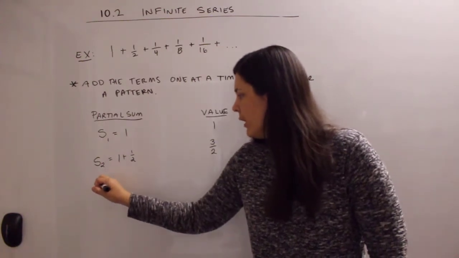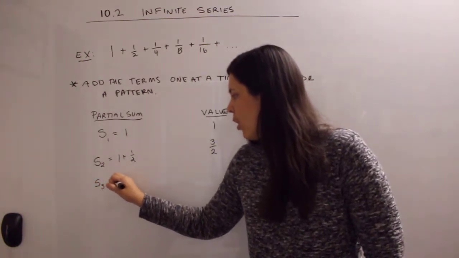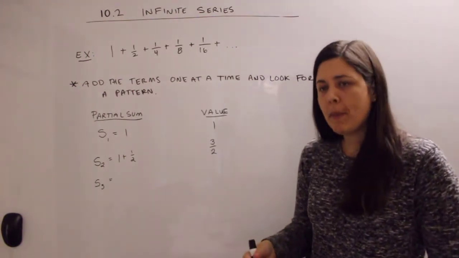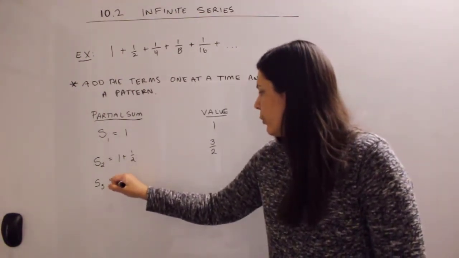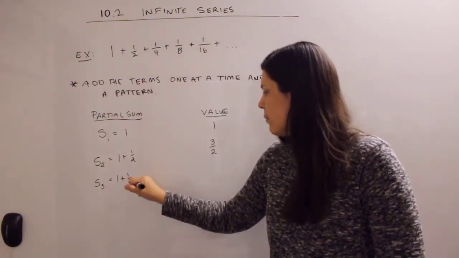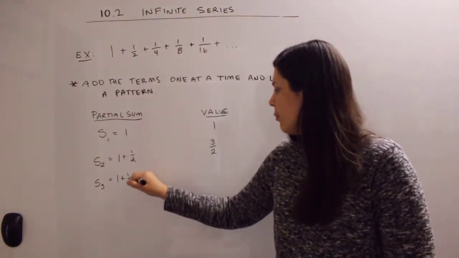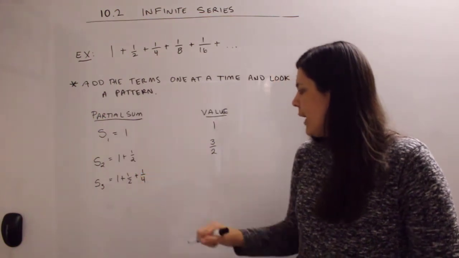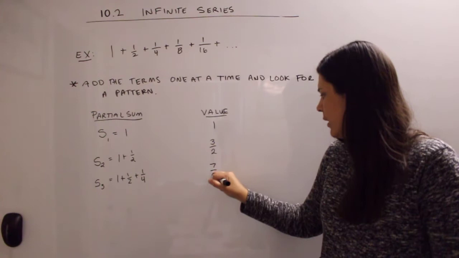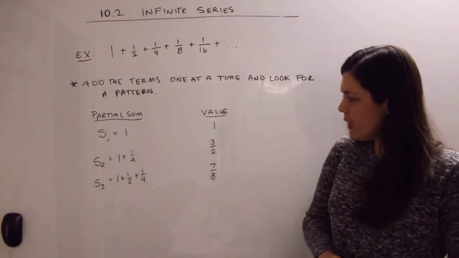Let's keep going. You basically keep going until you can start to see something you can work with in terms of maybe a pattern. So then the first 3 terms, the third partial sum, 1 plus 1/2 plus 1/4. If we add that up, we get 7/4. And this might be good.